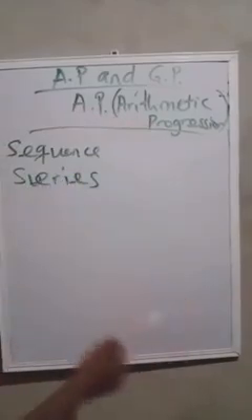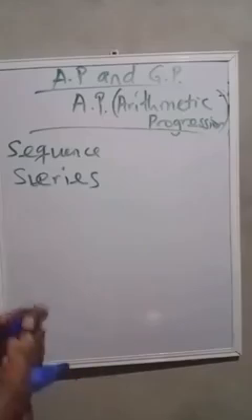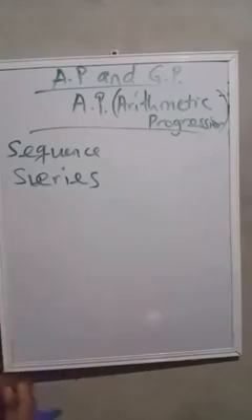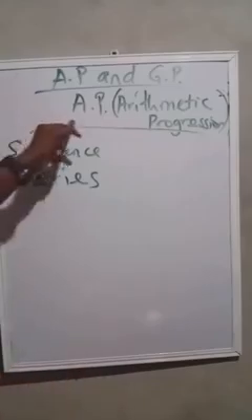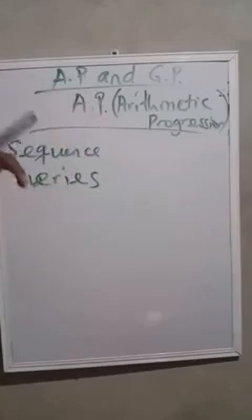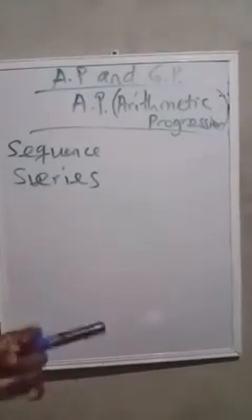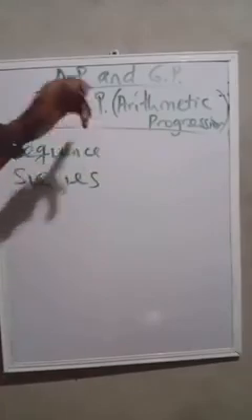Arithmetic progression is a form of sequence in which each term is gotten by the addition of a common difference. So if you are going to get any of the terms, just add a common difference to it.